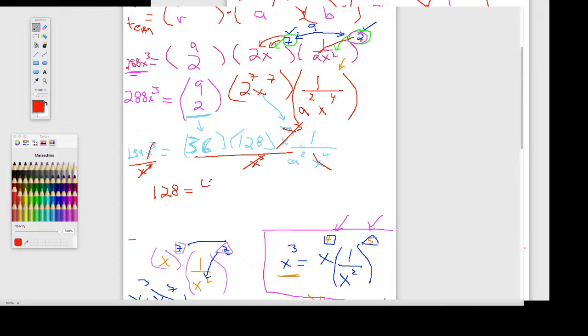So 4608, that's what I get, and anyone can check. And a squared is still on the bottom, so that's divided by a squared. All right, so that takes care of that. We got rid of the x's, and we have a squared on the bottom.